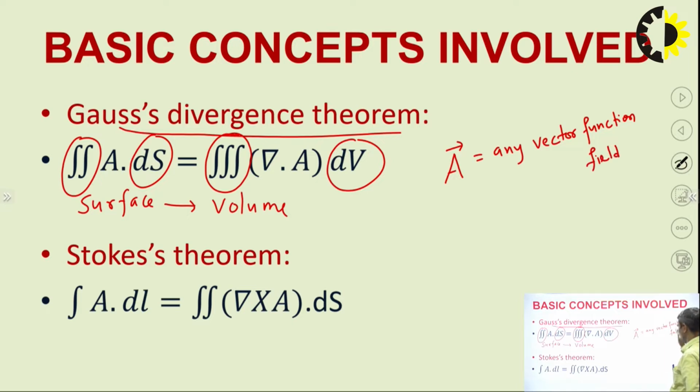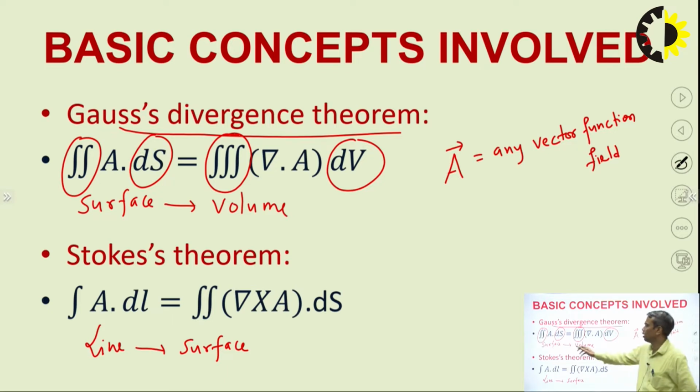Similarly, the Stokes theorem relates line to surface. How can a line be related to a surface? Suppose this is a line.